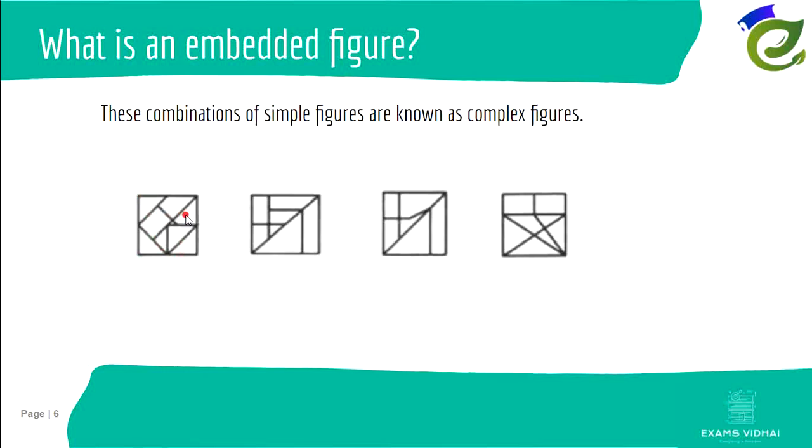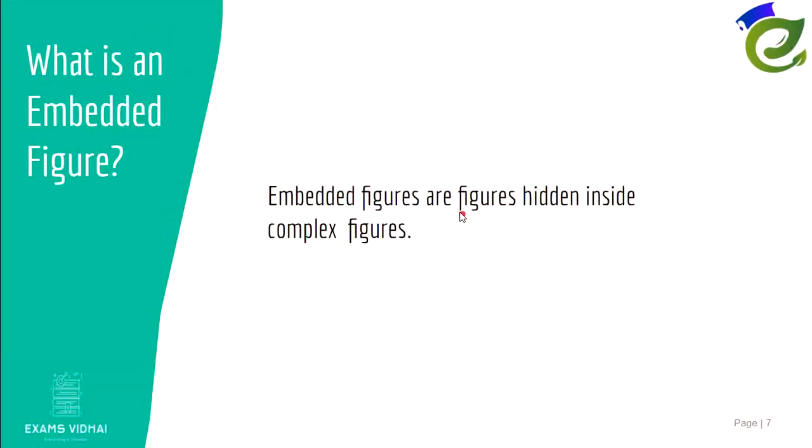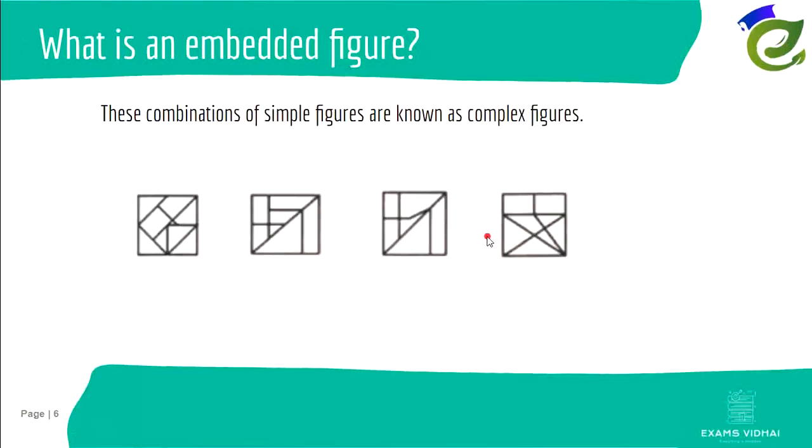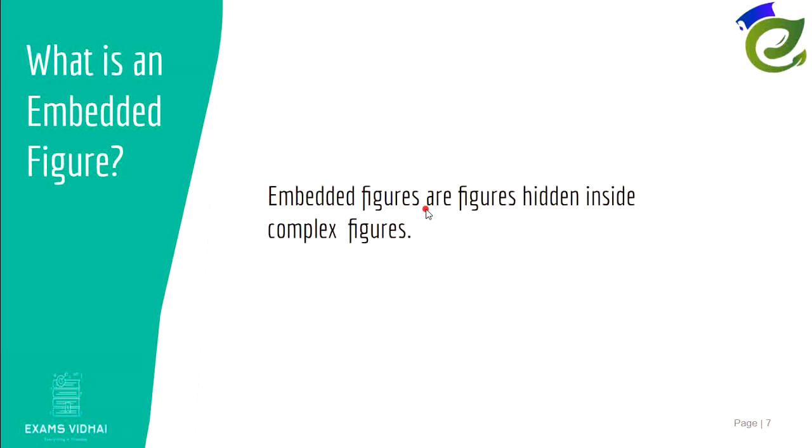Now, these complex figures have many shapes hidden inside them, and these shapes are known as embedded figures. Embedded figures are the figures hidden inside complex figures. Like if you can see here, embedded figures are the ones which can be embedded inside these figures. They are hidden inside these figures.